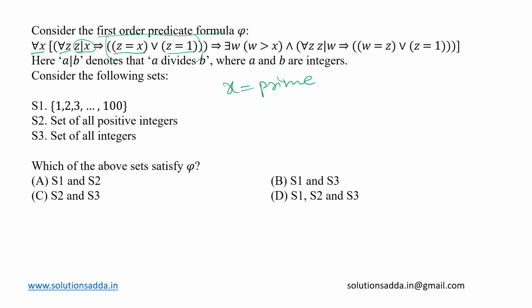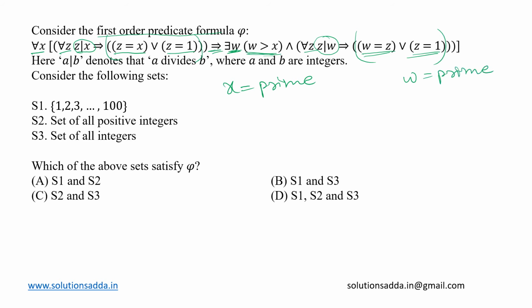Now coming to the second part, this part is implying that there exists a W such that W is greater than X, and for all Z, if Z divides W, then either W will be equal to Z or Z will be 1. Now this part is again implying that W is also a prime number.